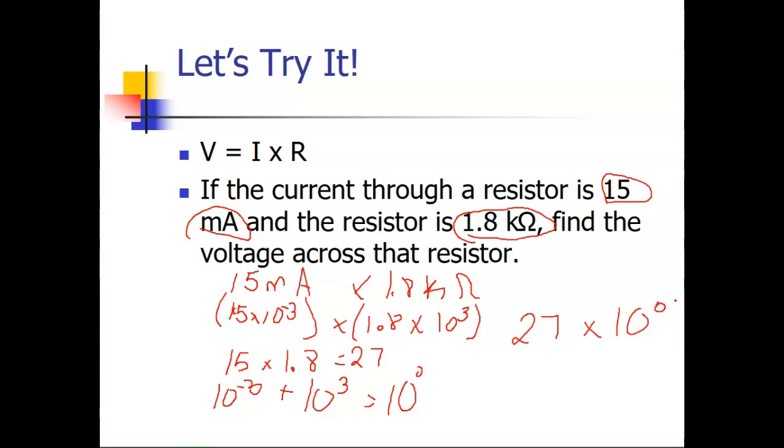What's 10 to the 0 equal? 1. 10 to the 0 is 1, so 27 multiplied by 1 is just 27. Does it make sense, guys? So I end up with 27 volts. Does everybody see what I did?